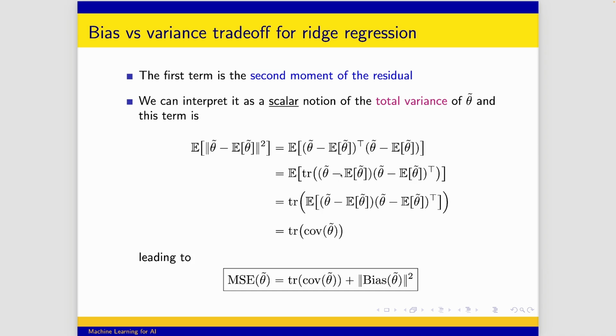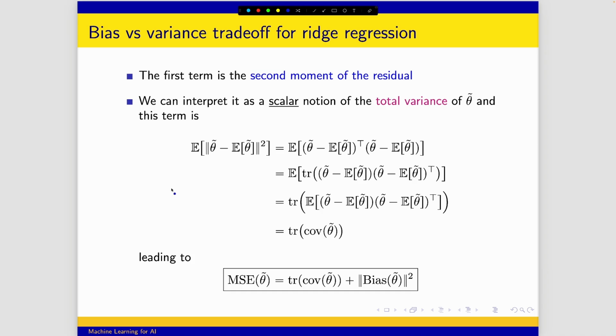It's a little bit messy, but it's pretty straightforward to see. So this dot product can be written as the trace of this outer product. So this trace we can take outside. And what we've got left inside is the expected value of this outer product, which is precisely the covariance matrix of theta tilde.